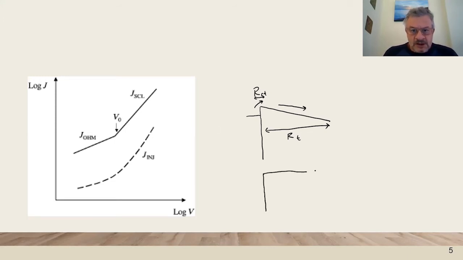So if the contact has a constant resistance, then it's called ohmic contact. And the resistance has to be smaller than the resistances in the rest of the device, for example, for transport.